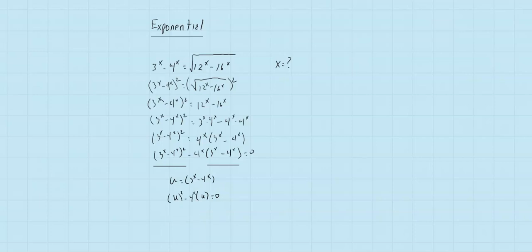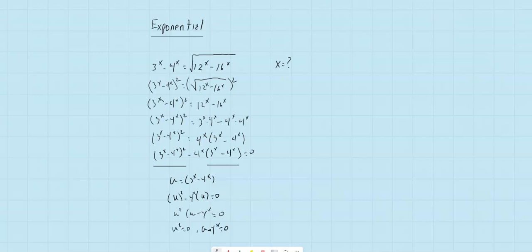We can say that this is u times (u − 4^x). We can set this equal to 0. So we can say that u is equal to 0, or u − 4^x is equal to 0.